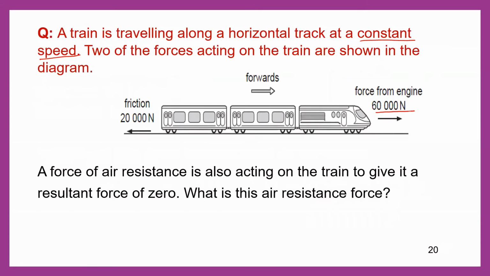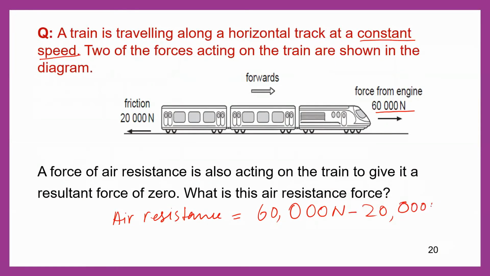So we can calculate air resistance by writing 60,000 newtons and subtracting 20,000 newtons, and that's going to be 40,000 newtons. That force is acting to the left.